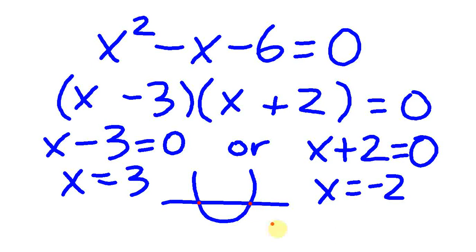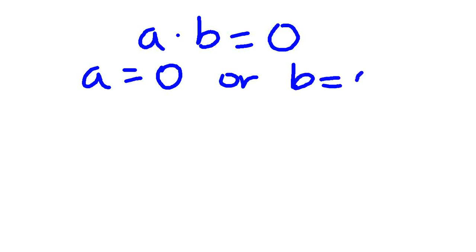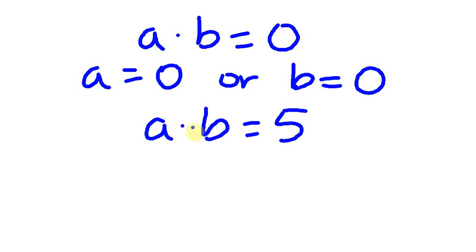Okay, it's important to note another fact: when we have a times b equals 0, we can say that a equals 0 or b equals 0. But this is only true for the real number 0. When we have something like a times b equals 5, a and b could be anything. A, for example, could be 50, and b could be 1/10.